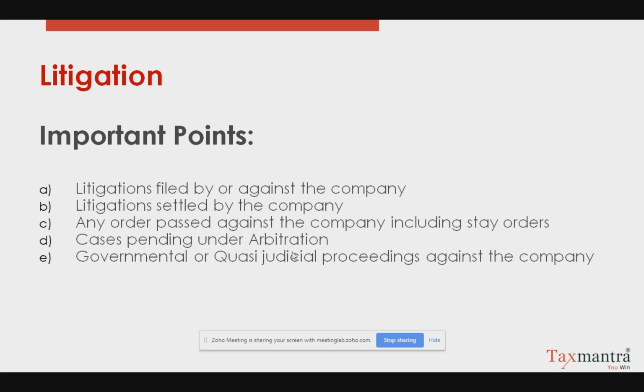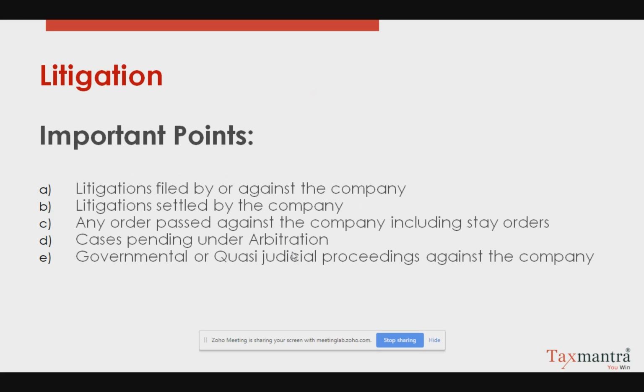The last one is government or quasi-judicial proceedings against the company. The company might not have paid taxes for the last 3 years, and the income tax department might have issued a notice. In that case, there might be proceedings and some penalty levied against the company. They should also check this.